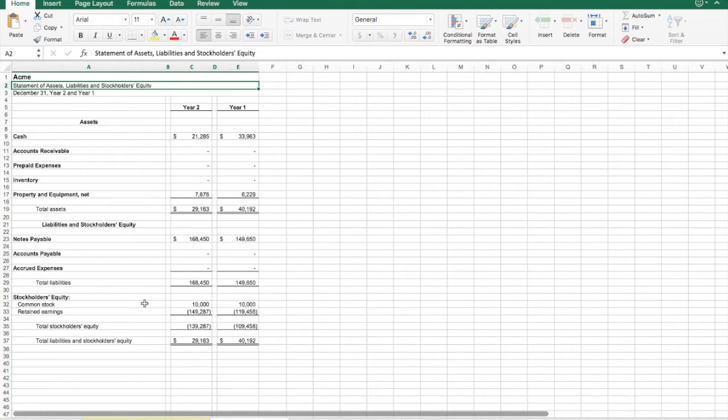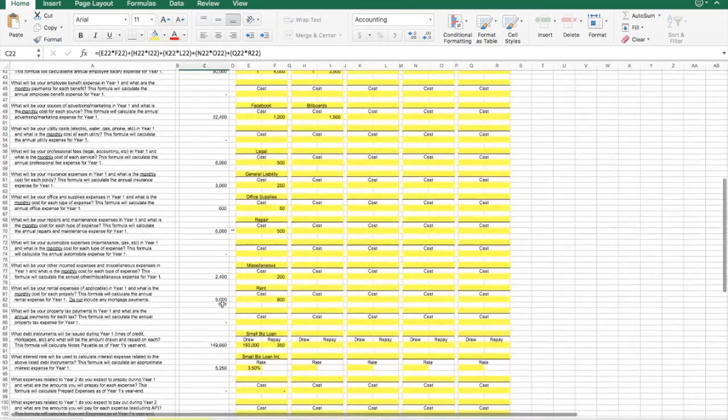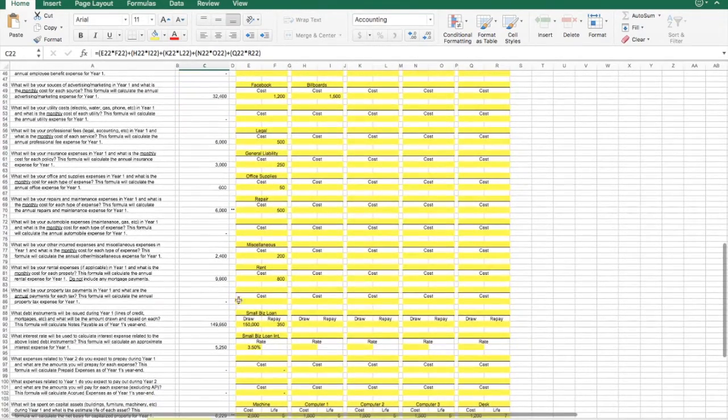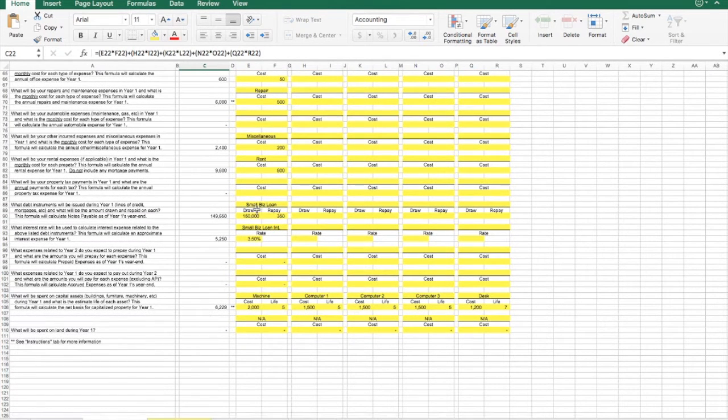Another way to increase cash is if you come down here, the debt instruments. So if you're taking a loan or a line of credit or something like that, here you can see that I've said there's a small business loan and we've drawn $150,000 and we repay $350 a month on that. So it would probably be higher, but it's just as an example.